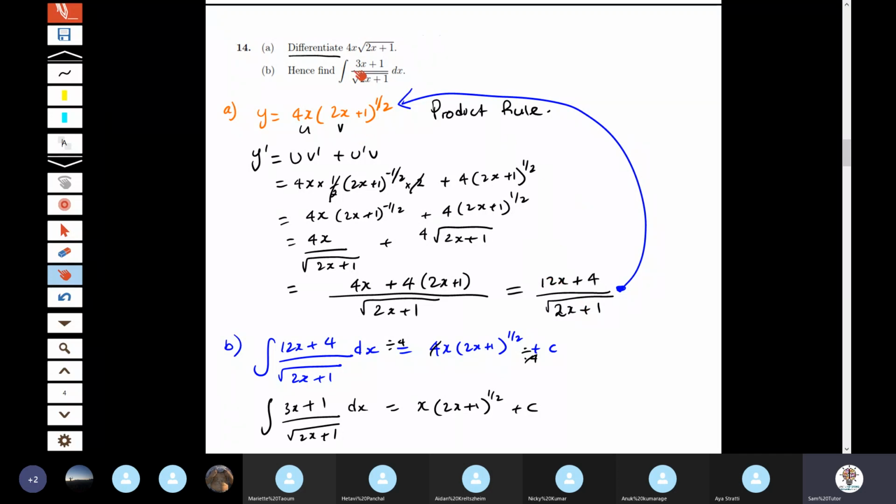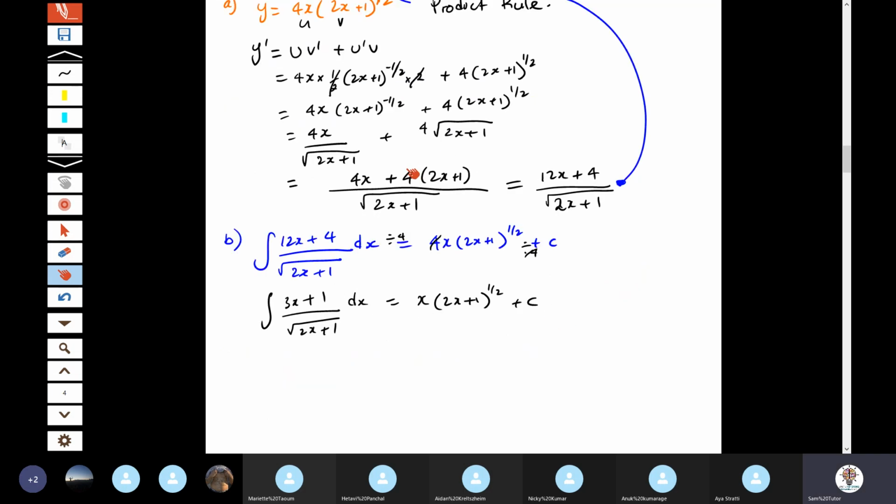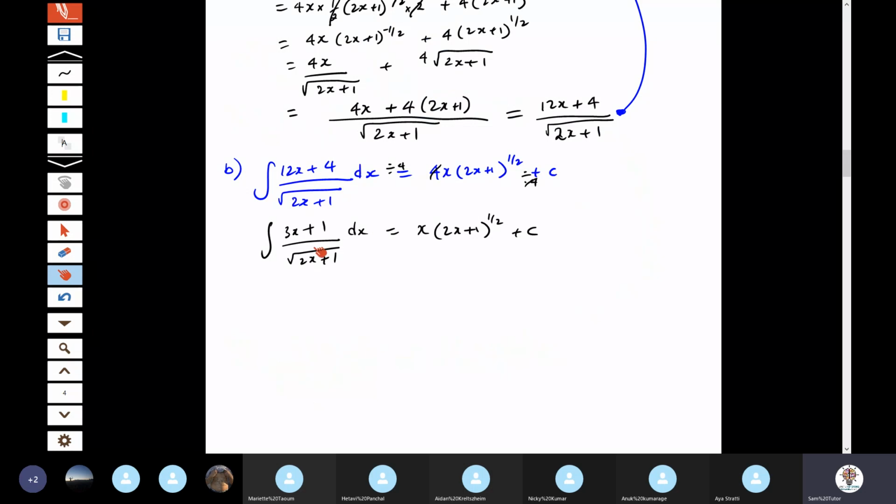But the question did not have 12x plus 4. It had 3x plus 1. So the difference between 12x plus 4 and 3x plus 1 is that common factor of 4. So if I factorize a 4 out, I'm left with 3x plus 1. And that's why I don't want that 4, so I'm dividing it out. Can you see that better now?